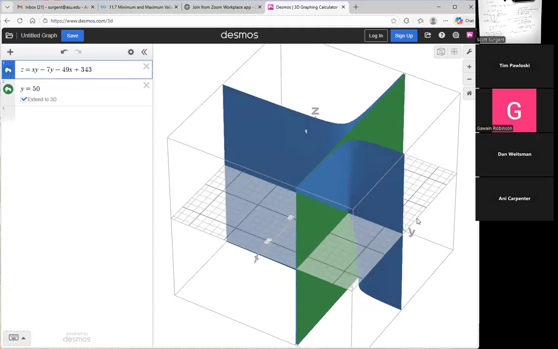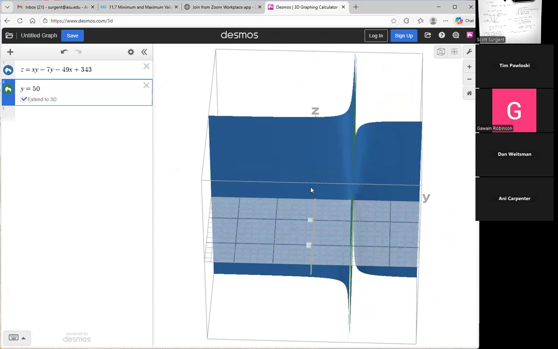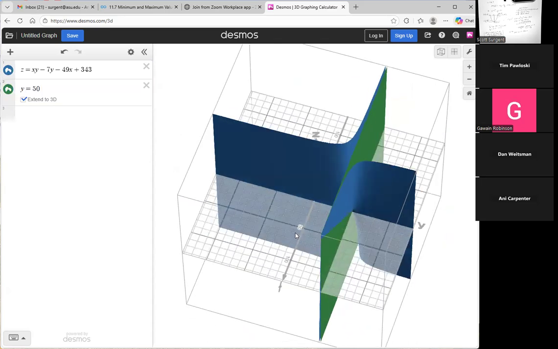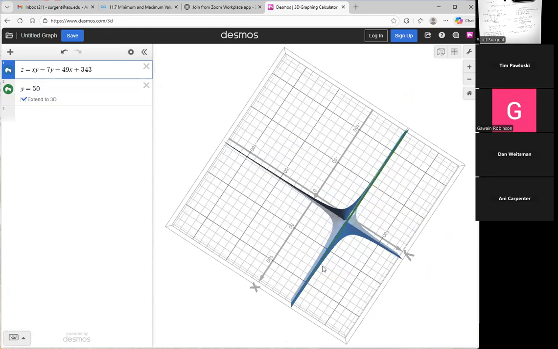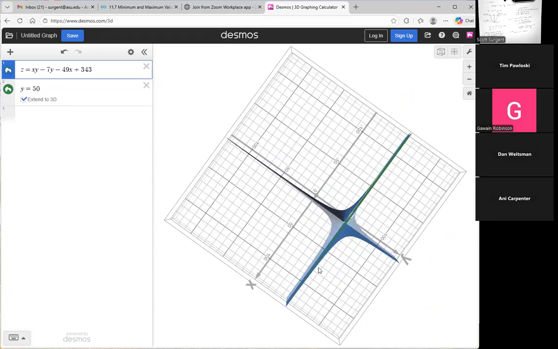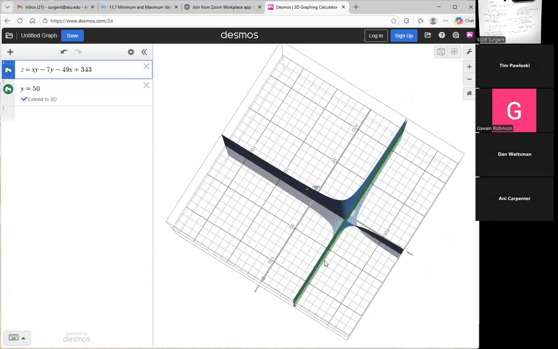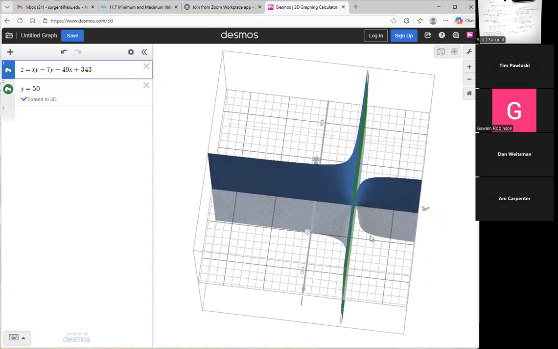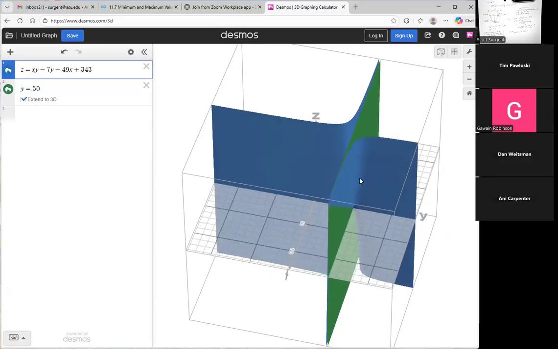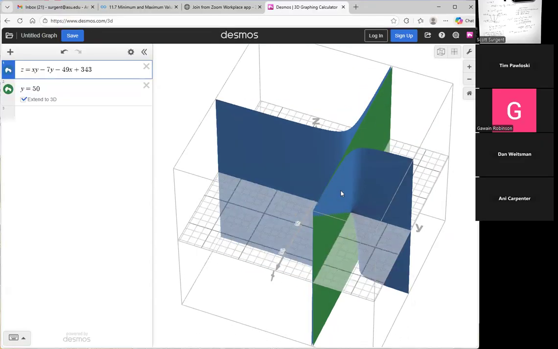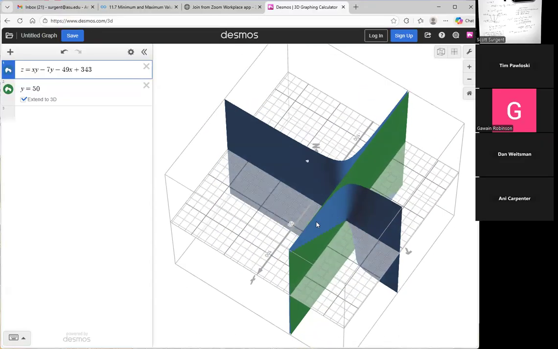Is y equals 50 an asymptote for this? It looks like, well, not quite. No, it appears we have a saddle there. I'm not really sure how you classify that. They're hugging pretty close. I don't think that's quite asymptotic.